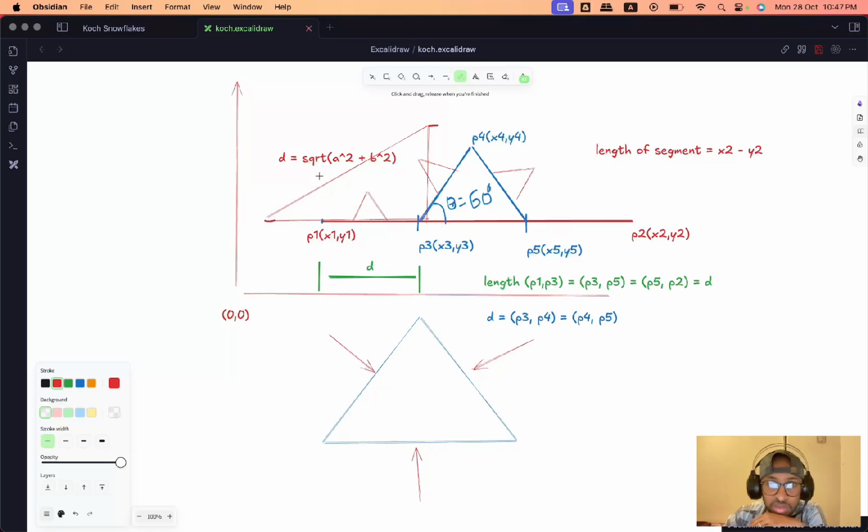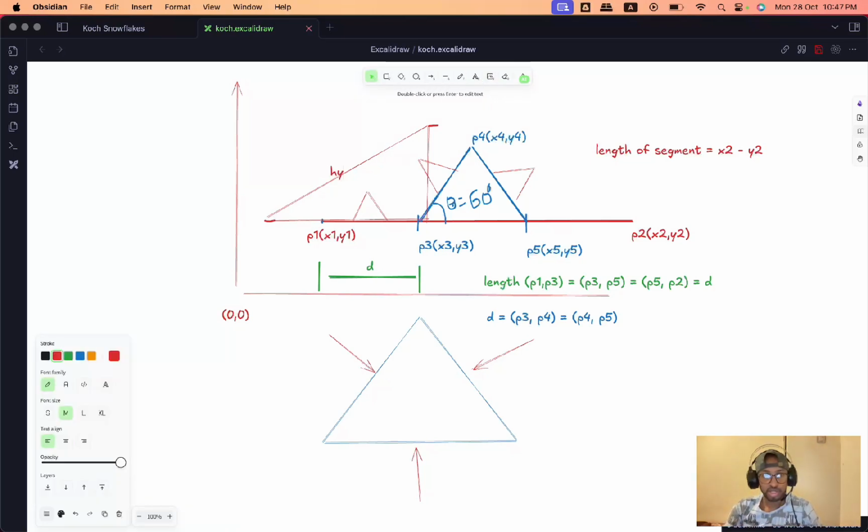It's confusing actually. This should not be d, this should be the hypotenuse. I call it the hypotenuse here, and I've already said d.